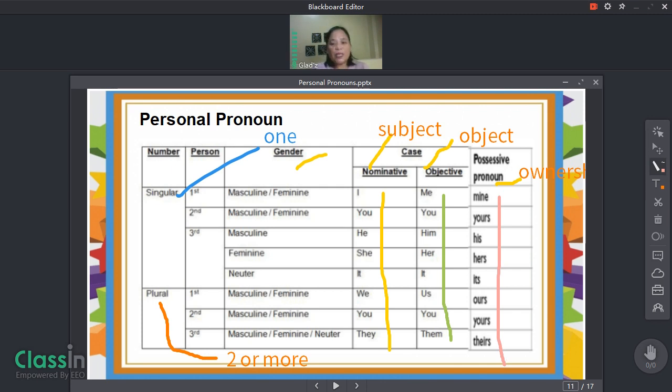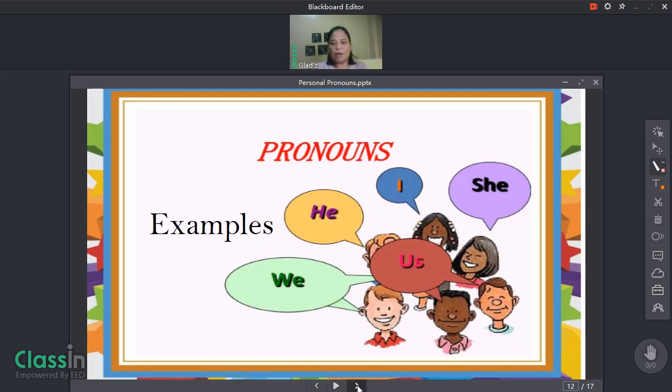So remember that, class. Once you remember these pronouns and also their number, person, gender, and cases, you will not be misled in using them in a sentence. So let's now move on and have examples of pronouns.